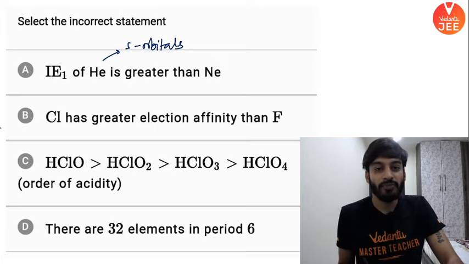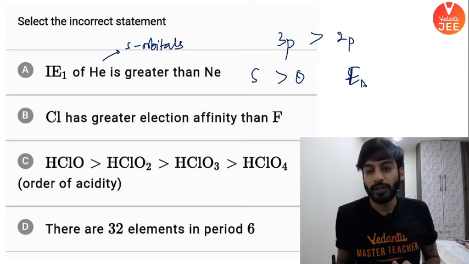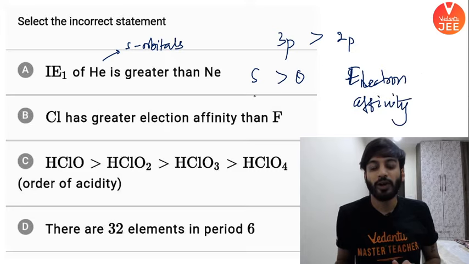Chlorine has more electron affinity than fluorine. Absolutely correct. This is an exception: third period elements will have higher electron affinity as compared to second period. I can give you more examples: sulfur has more electron affinity than oxygen.